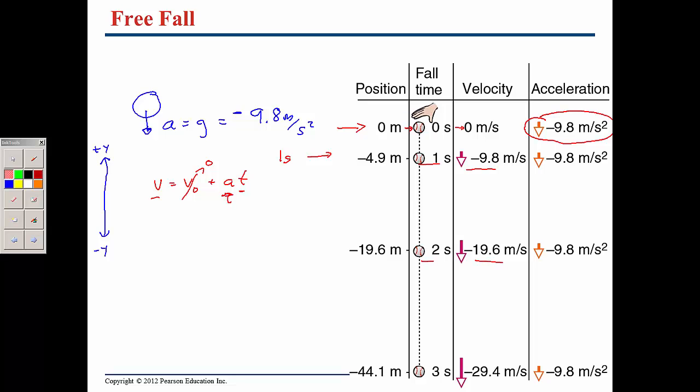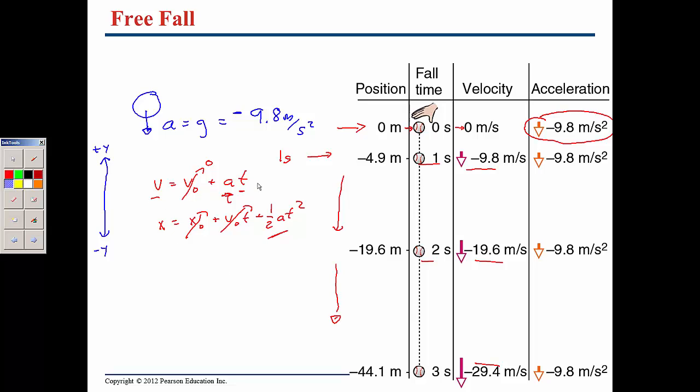After 2 seconds, velocity is increased by the same amount, 9.8 meters per second, and at 3 seconds it's increased again by the same amount, 9.8 meters per second, but all in the downwards direction. And we can see that position increases not linearly, but actually quadratically, based on the equation that I talked about a couple of slides ago, where that's equal to 0 and that's equal to 0. So the position's increasing quadratically.